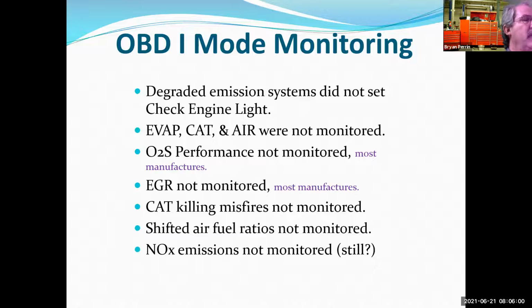NOx emissions were not monitored, and you could argue that they're not monitored still. When we look at catalytic converters, I'll explain why we don't monitor them on gasoline engines. We don't need to, for the most part. We do monitor them on some diesel engines.